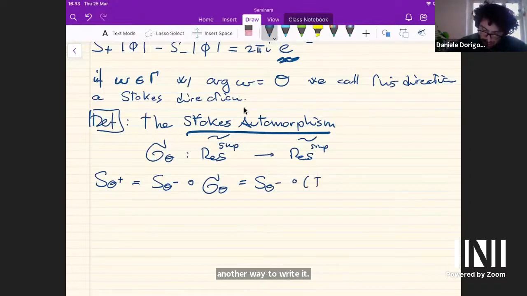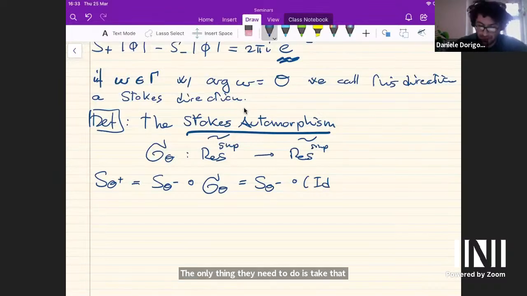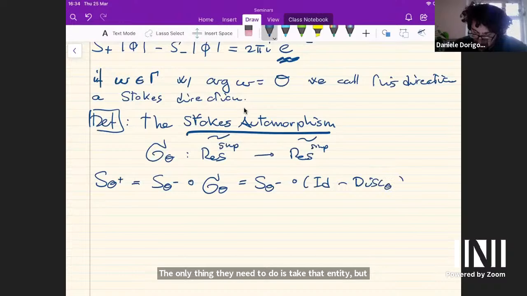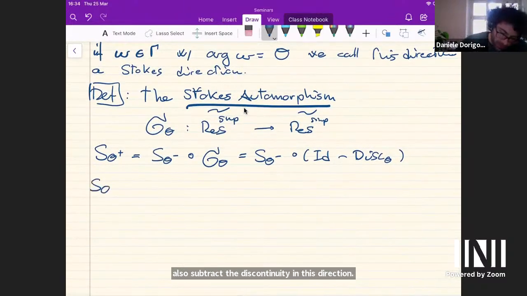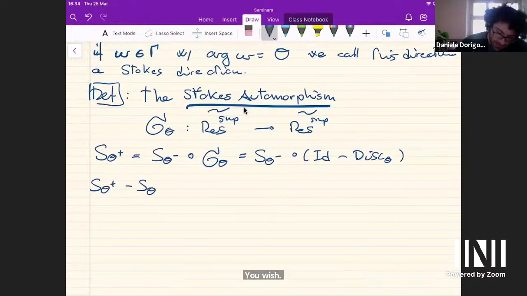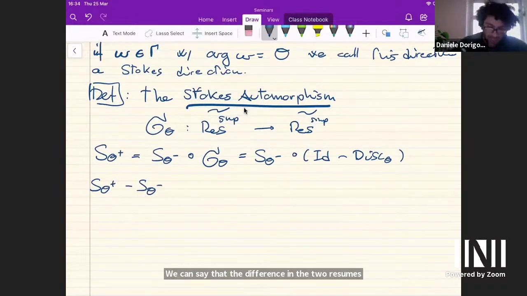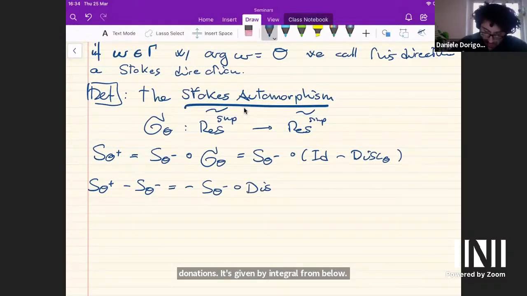You need to take the identity, but also subtract the discontinuity in this direction. So we can say that the difference in the two resummations is given by the integral from below composed with the discontinuity across this direction.